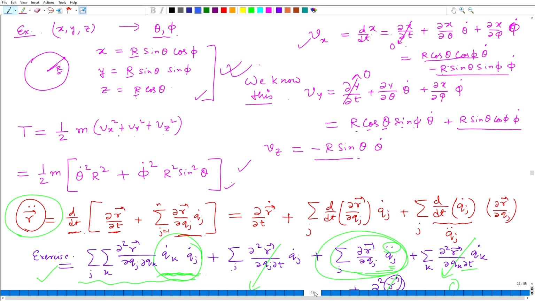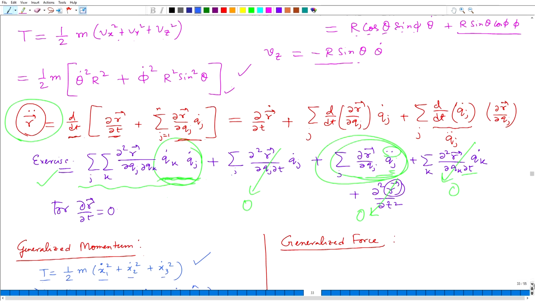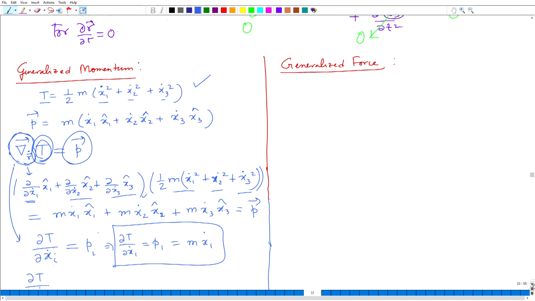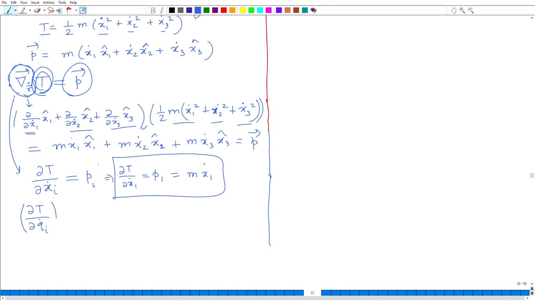If I do that, then in principle I can calculate this quantity del T/del qi dot, and that will give me pi. This pi is known as the generalized momentum corresponding to the generalized coordinate qi.